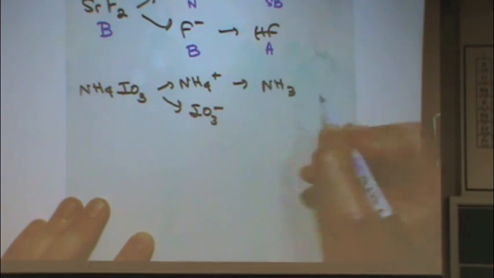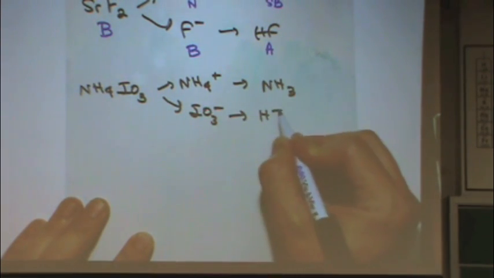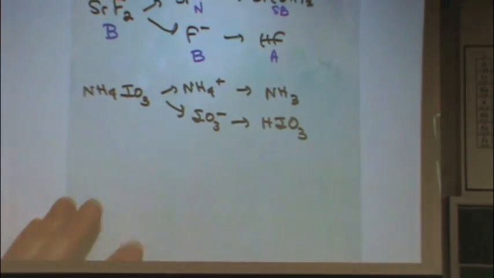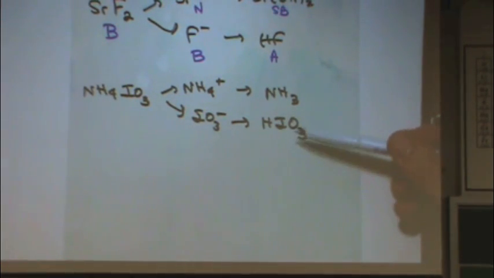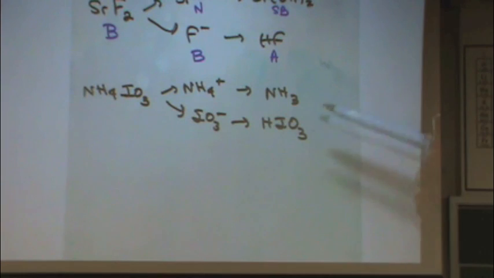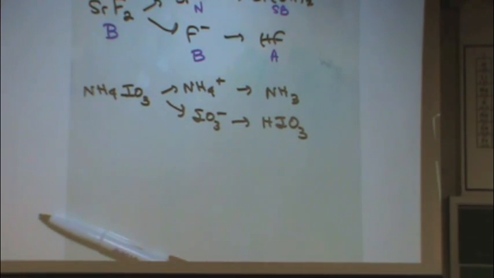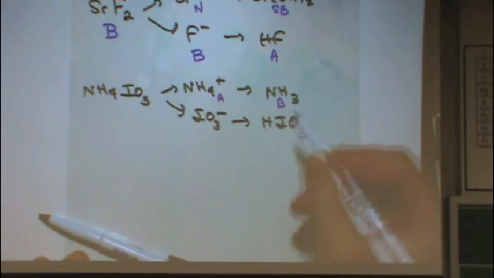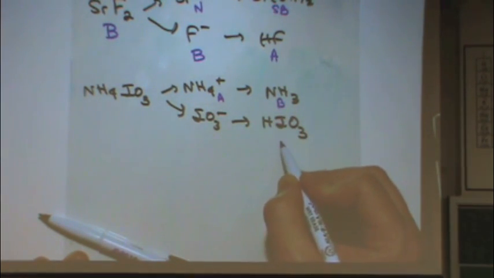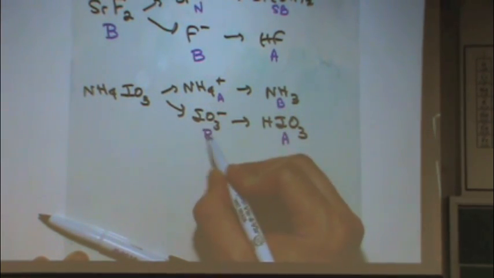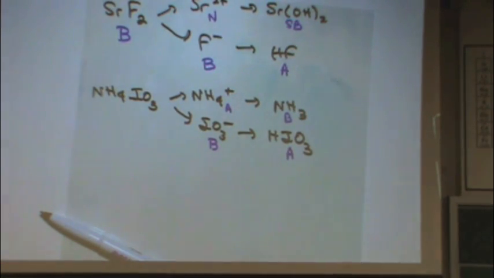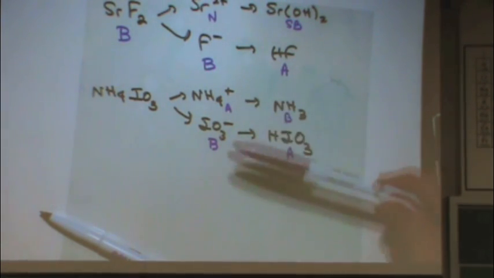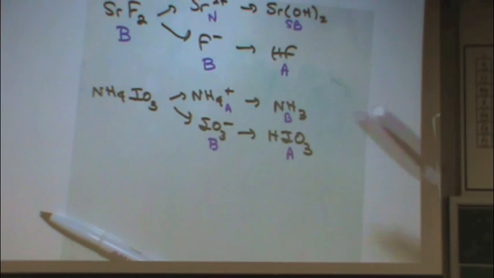NH4 comes from ammonia, and this comes from HIO3. Neither of these two are either a strong acid or strong base. Let me write this. Ammonia is just a normal base, so NH4 plus is a normal acid. HIO3 is a normal acid, so this is just a normal base. In that case, we're comparing an acid and a base. We don't know which is stronger.